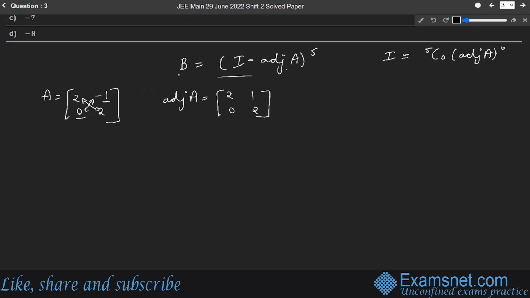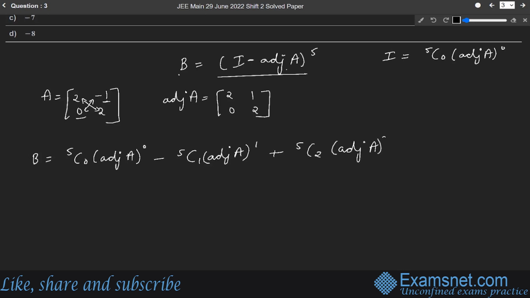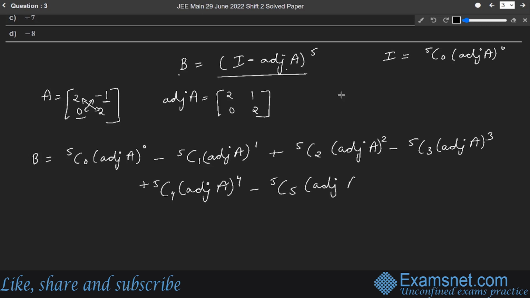So let us expand this whole term. B will be equal to I. What is I? I is 5C0 into adjoint of A power 0. Then with a negative sign, 5C1 into adjoint of A power 1, then with a positive sign, 5C2 into adjoint of A power 2, then with a negative sign, 5C3 into adjoint of A power 3, then with a positive sign, 5C4 into adjoint of A power 4, and at last with a negative sign, 5C5 into adjoint of A power 5.